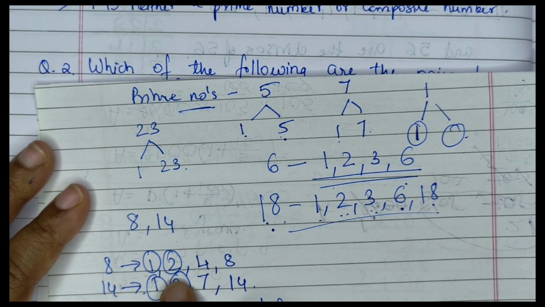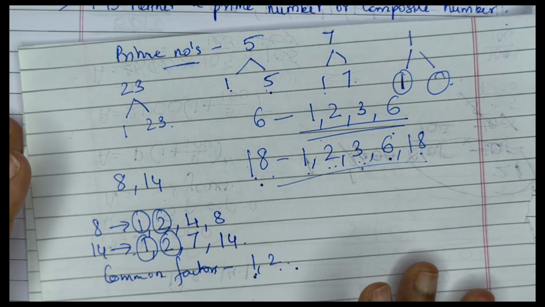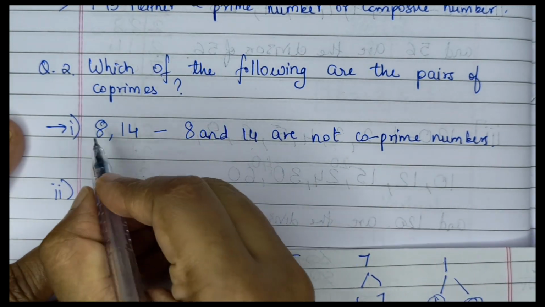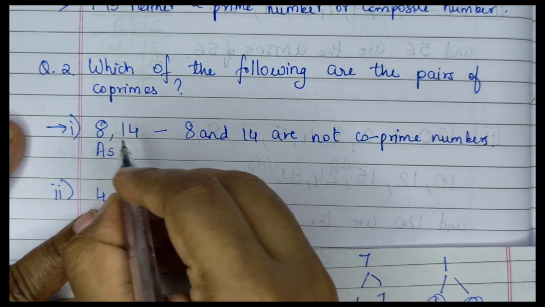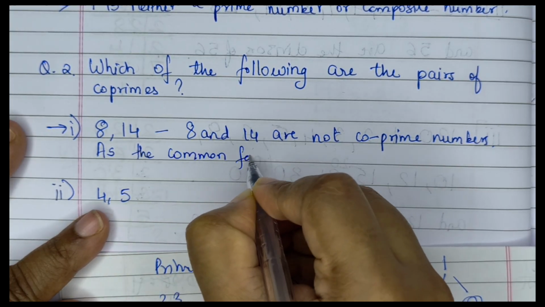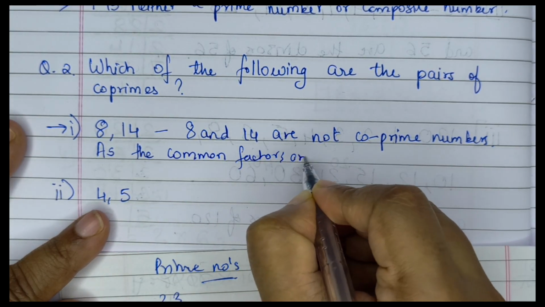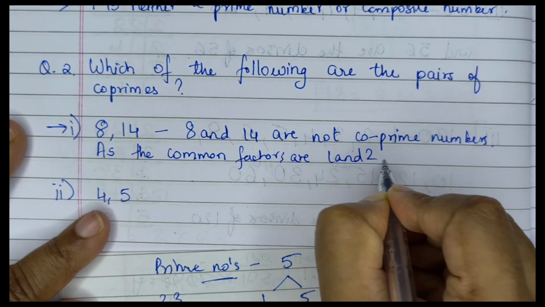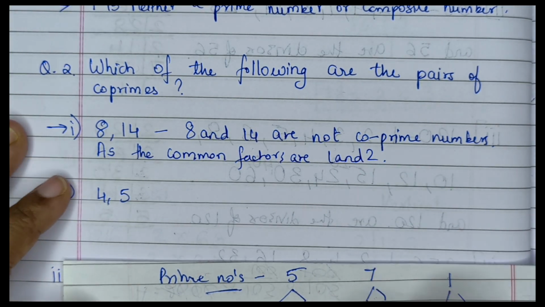But we have got two common factors, 1 and 2. Understood? So therefore, you can give the reason: as the common factors are 1 and 2. Understood?